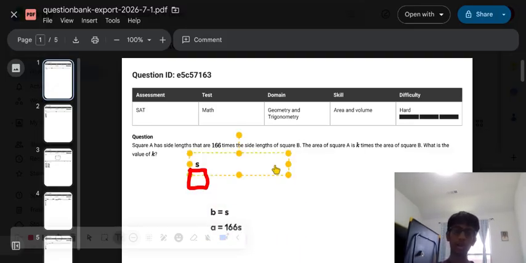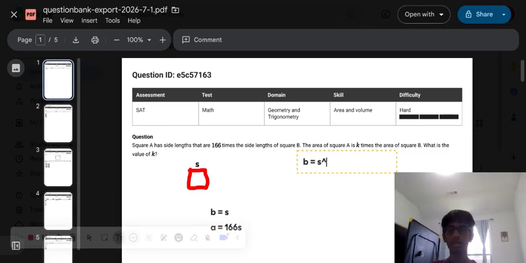So what do we know about our values? For the areas, B is equal to S squared, and for A it would be (166S) squared. If we simplify this, we get 166 squared times S squared.